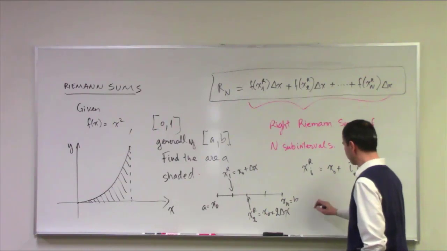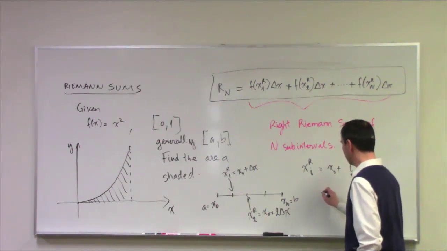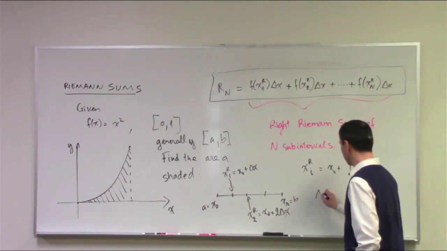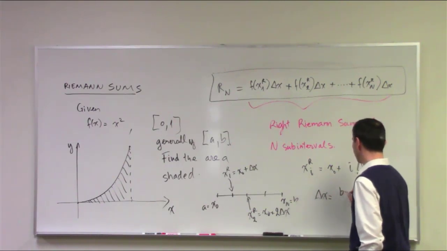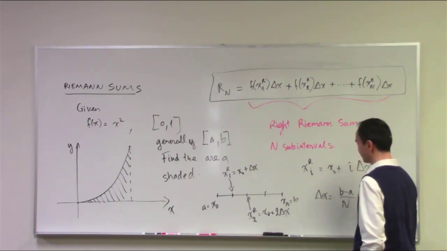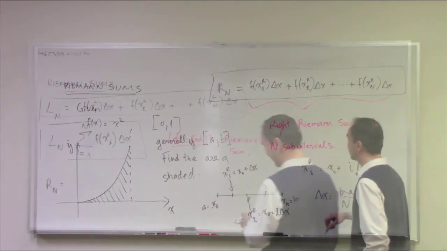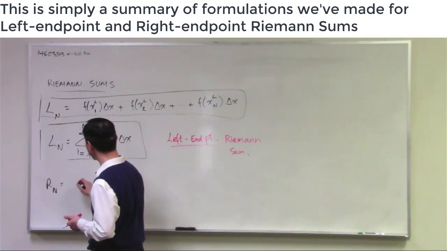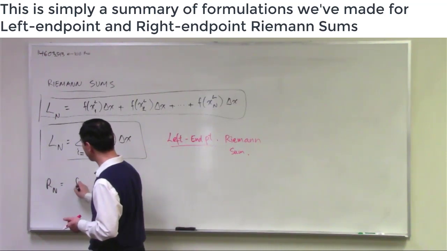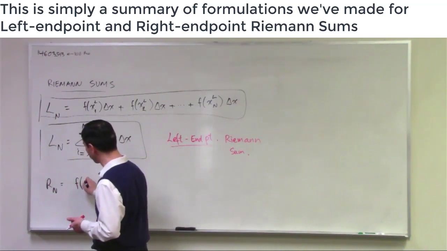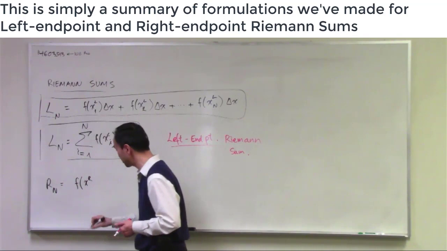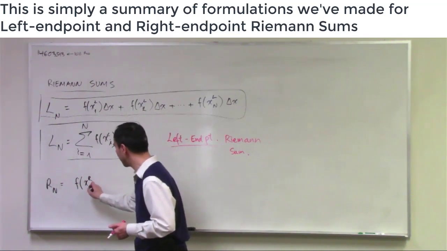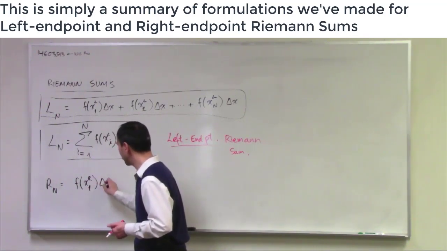And then each of these delta x is again b minus a over n. That was in the written out form. It's going to be the function for the first term is the function value at the right hand point. So that's why it's the xr, the right hand point of our first interval multiplied with delta x.